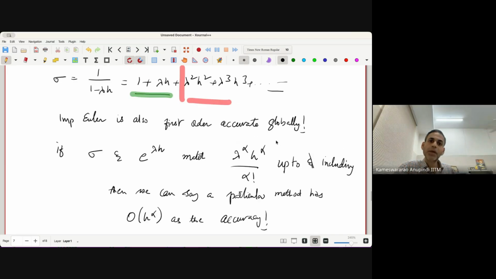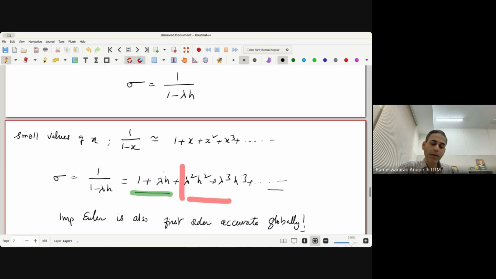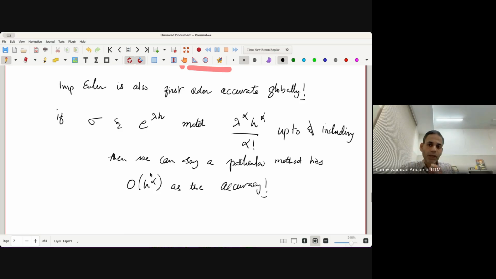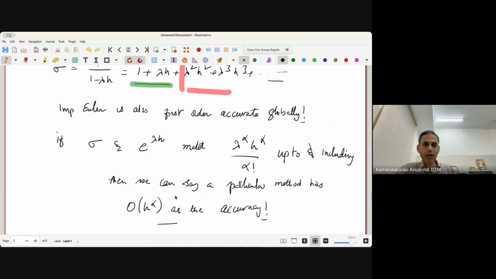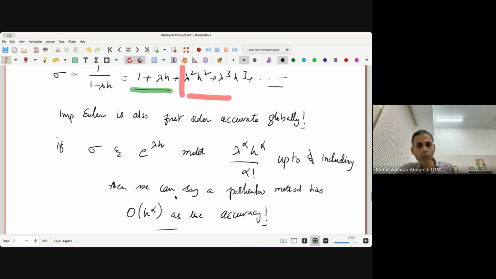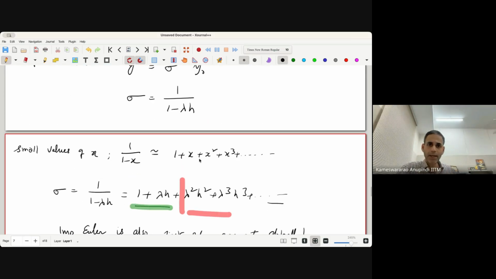So if it is matching up to lambda h, it has an order of accuracy of h. If it is matching up to h square lambda square by 2 factorial, then we say that it is globally second order accurate. Otherwise, it is globally first order accurate.